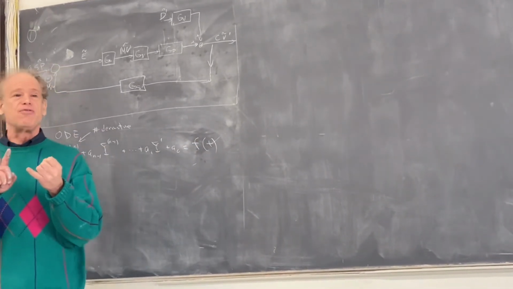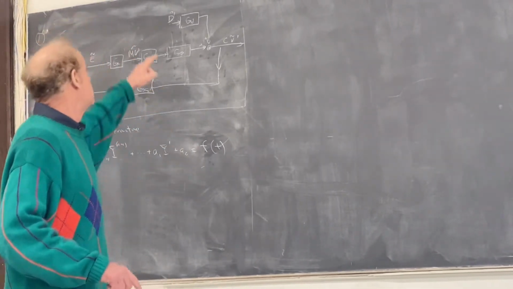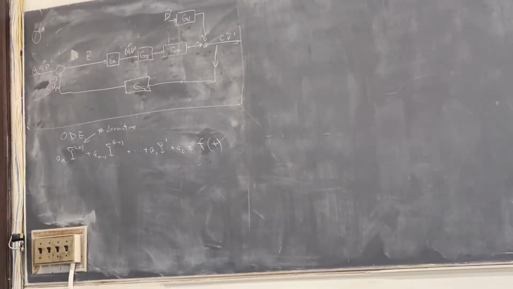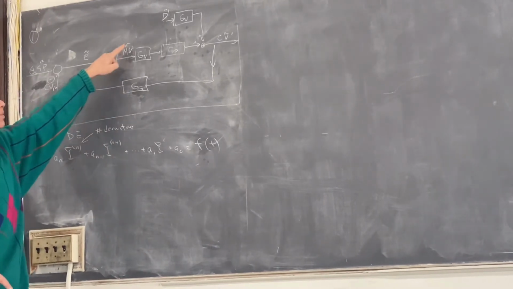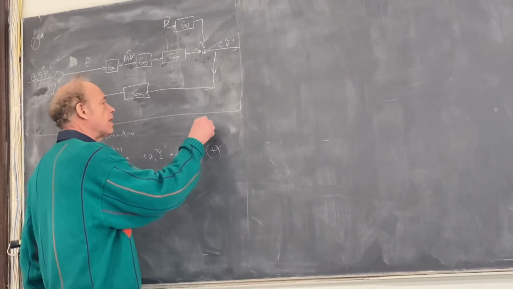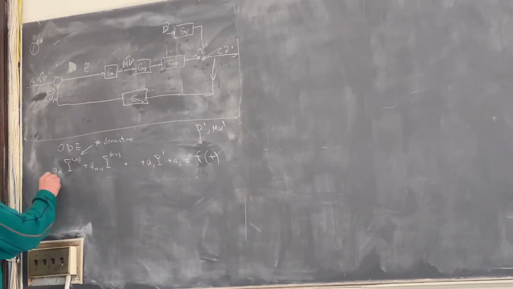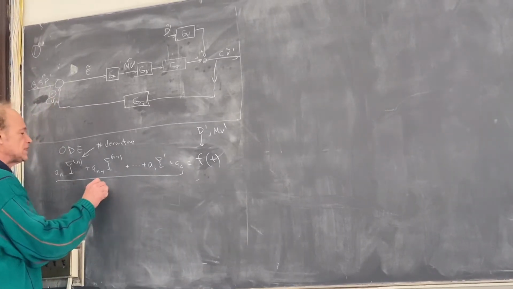When we were in prime variables, we had the disturbance, and we also had the action of the controller, the manipulated variable. D prime and MV prime came in here, but this was the system itself.